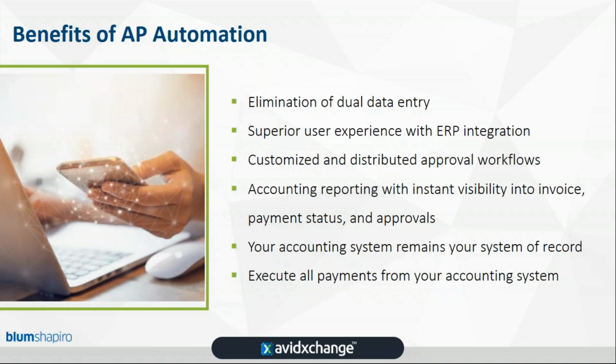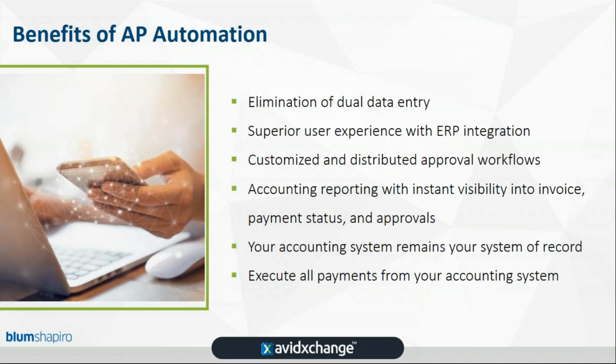It provides a more unified user experience for the invoice side of the house, but also on the payment side of processing payments. The approval workflow you can customize as much as you like. You can have workflows that are just single layer, where the invoice comes in to the approver, and then goes to the accounting side of the house for payment.